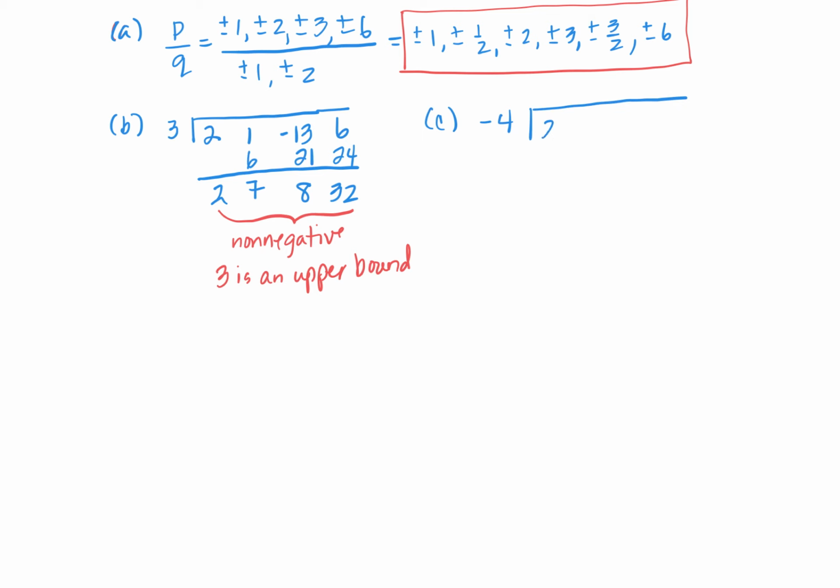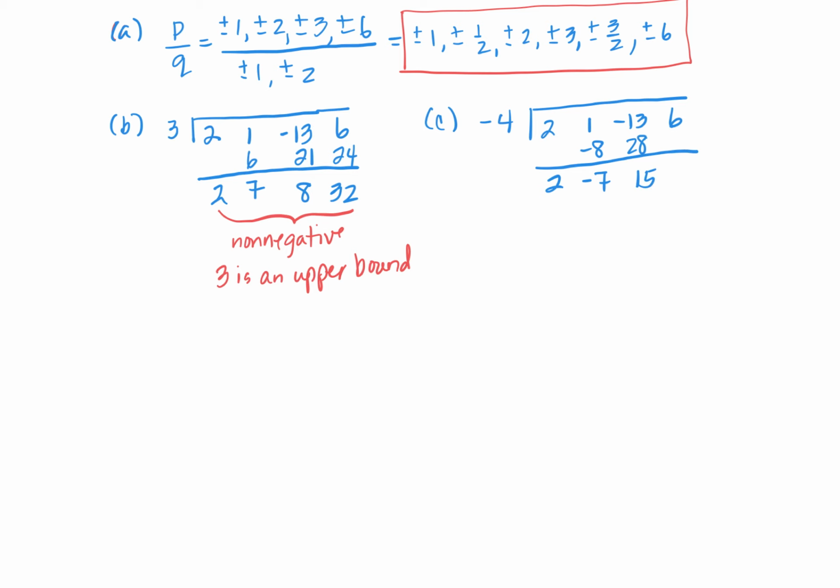complete my synthetic division, which is 2, 1, negative 13, and 6. Leave my space, bring down the 2, multiply, negative 4 times 2 is negative 8, add to get negative 7. So far so good, it's alternating. Negative 4 times negative 7 is a positive 28. I'm going to add to get 15.